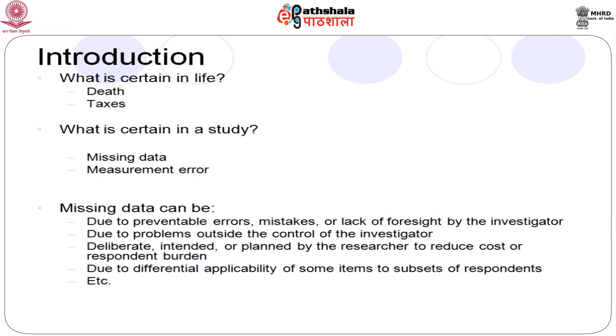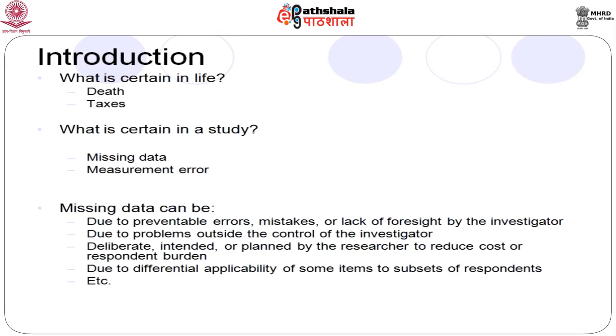So we start our discussion on missing data, its uses and its analysis. What is certain in life? Death and taxes. What is certain in a study? Missing data and measurement errors.